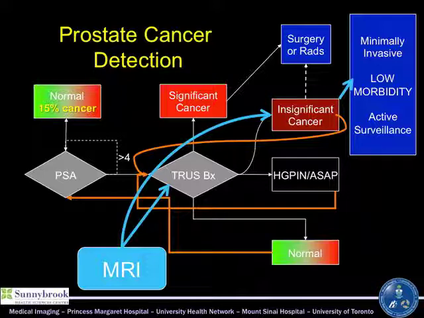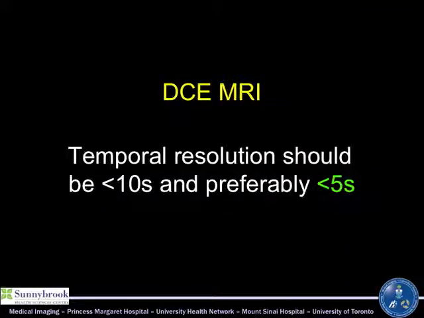These bluish arrows indicate where the hot points are for the application of a roadmap identification technique and prognostication technique with imaging in the current paradigm of prostate cancer care.